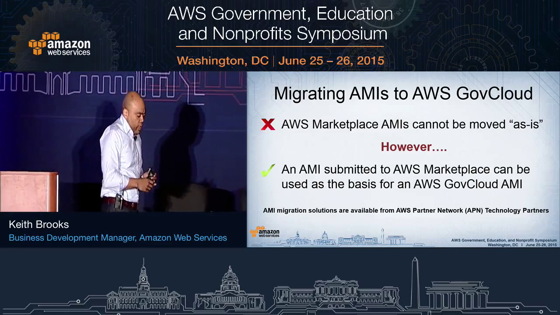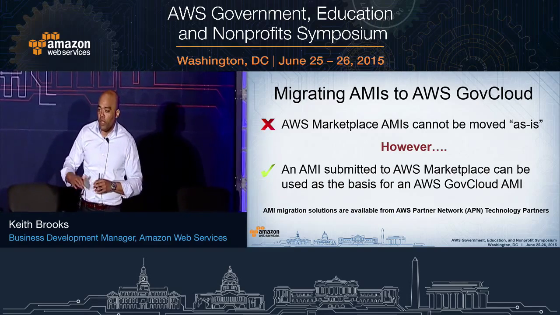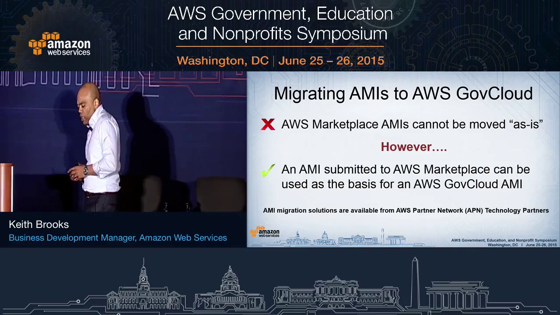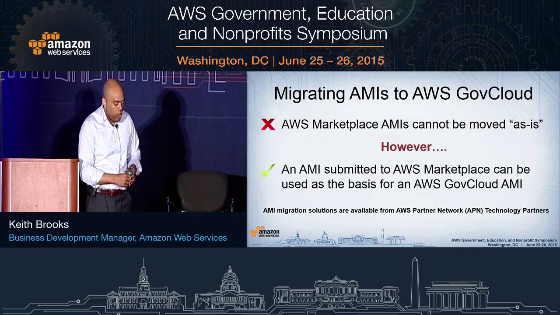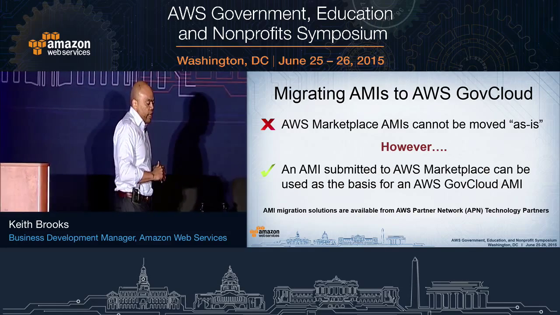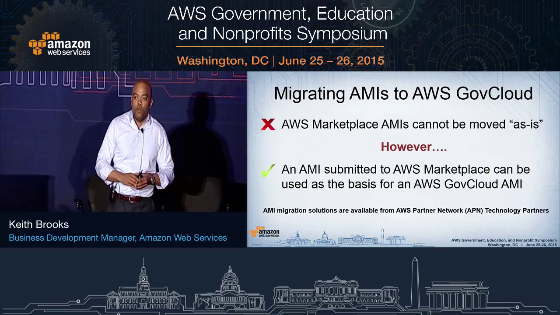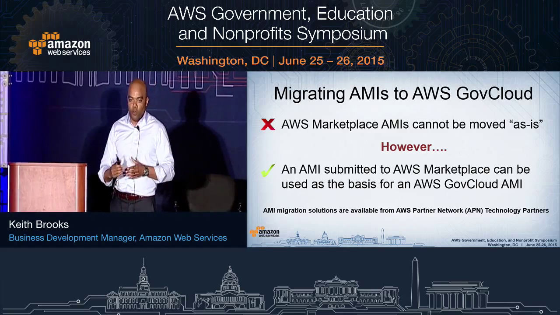So how do you get your Armies into GovCloud? For technology vendors that currently take advantage of the AWS Marketplace outside of GovCloud, many simply assume you can take those same Armies and deploy them in GovCloud. Well, Marketplace Armies that have gone through the Marketplace publication process and are official Armies that are available in the Marketplace cannot be deployed as is in GovCloud for a number of reasons.